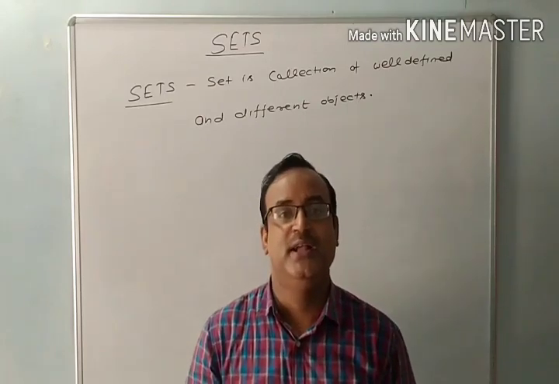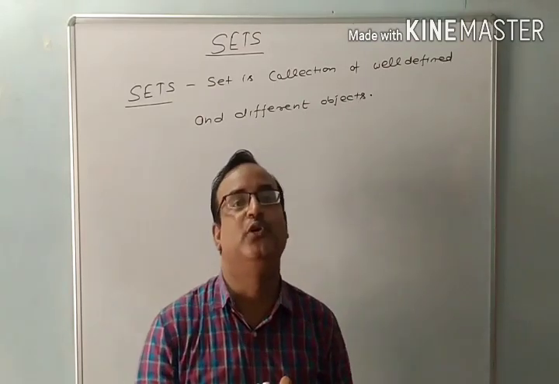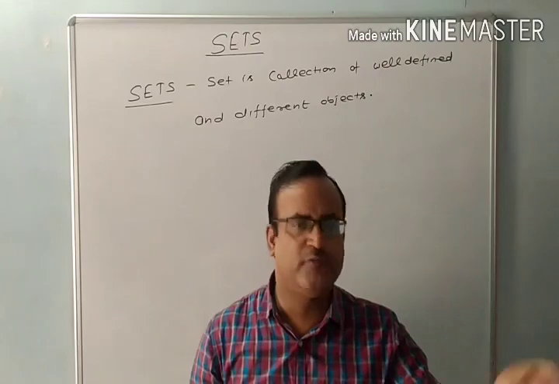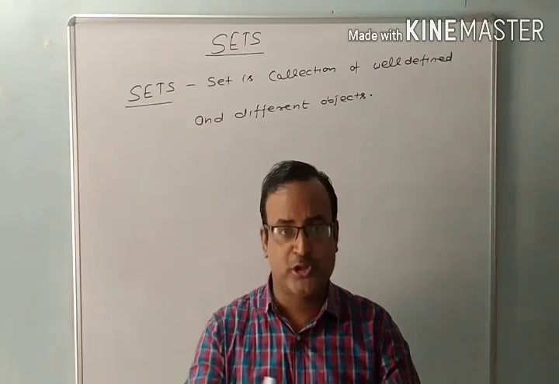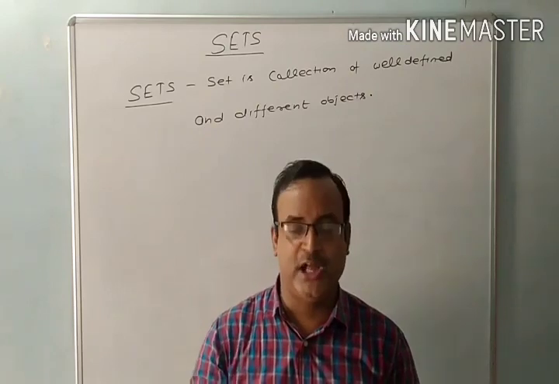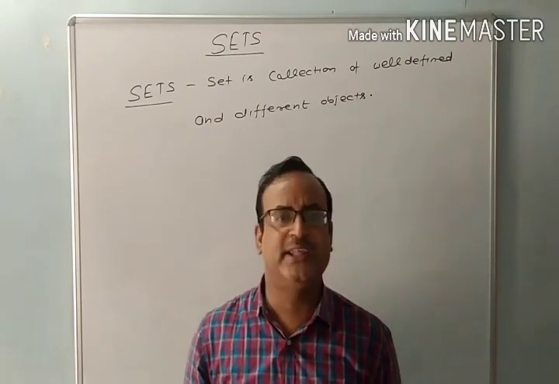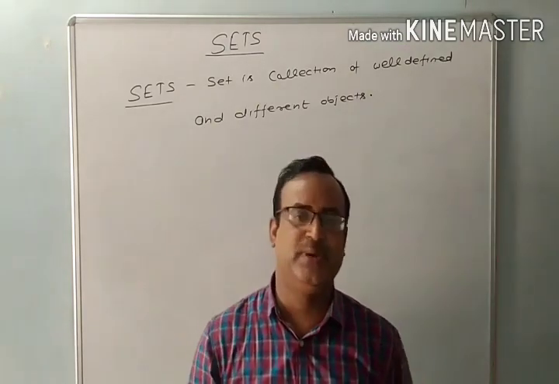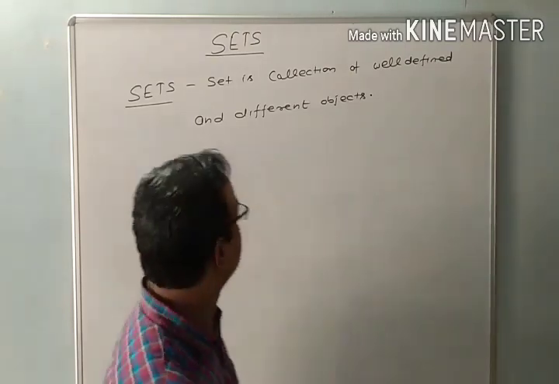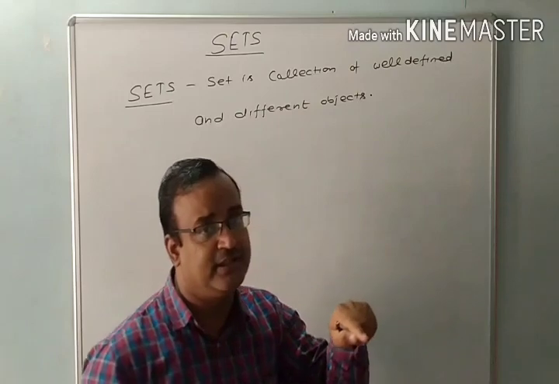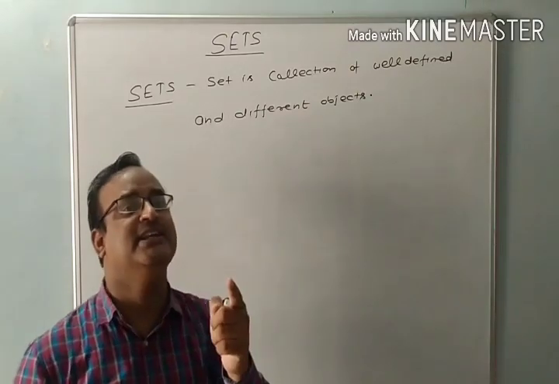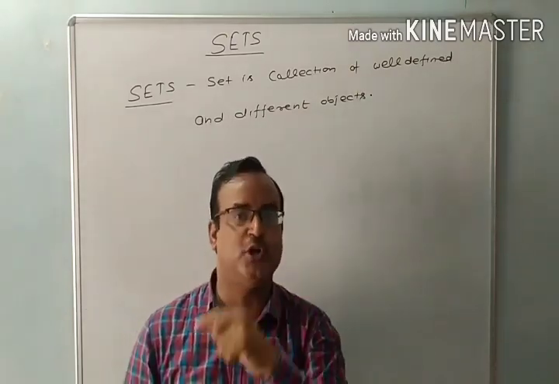You will find the monkey stopped clapping, the car is not working. So before that it was a set of toys, but now because the toys are not working, it is only a collection, because they are not well defined. So a set is a collection of well defined and different objects. Very important thing: every set is a collection, but every collection is not a set.